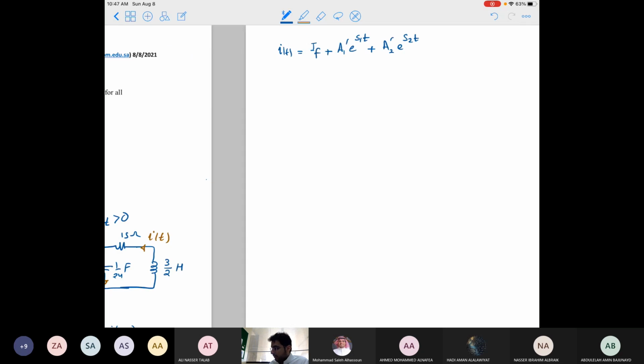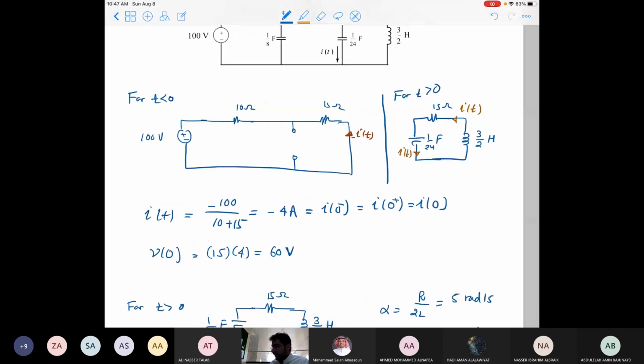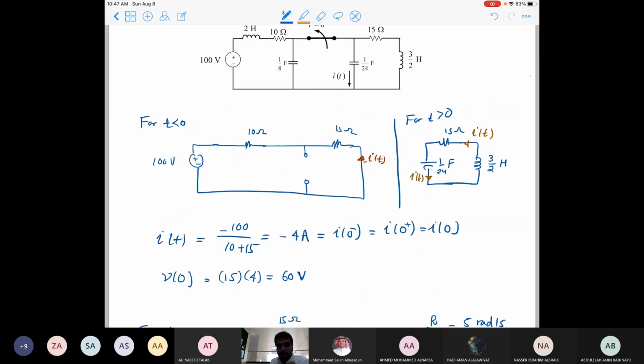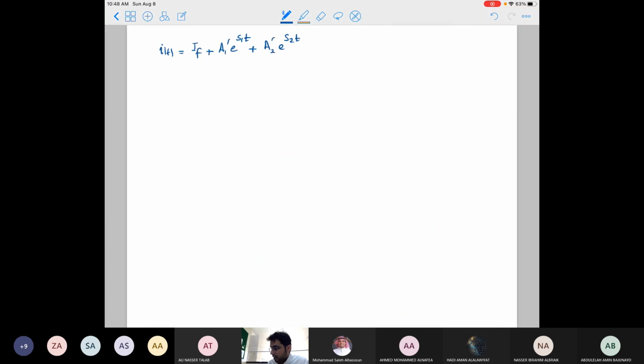So I don't need to differentiate between a natural or step response. I can just use the general formula. And what's the final value of the current? I have no source, so the final value of the current will be 0. And this is why we call it the natural response. And the circuit, of course, will be dead.